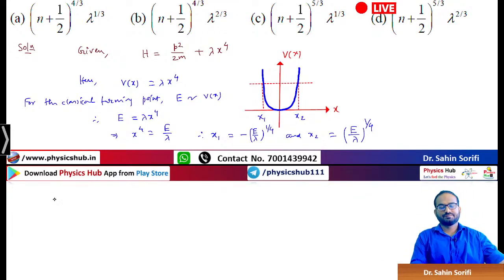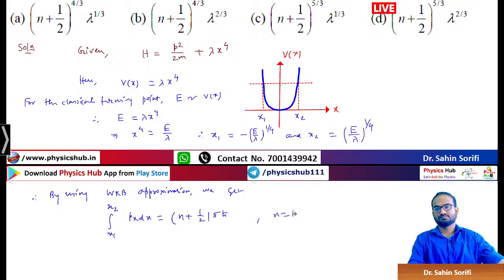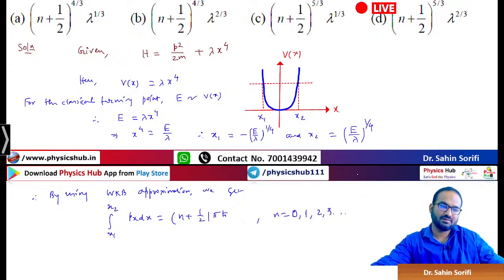Therefore, by using WKB approximation, we get, let's say, let's write the formula first. Is this okay?